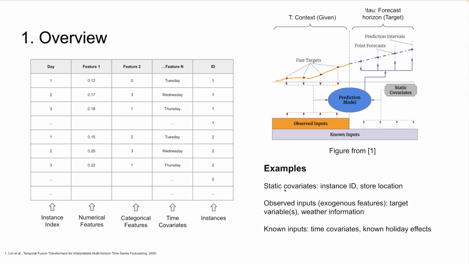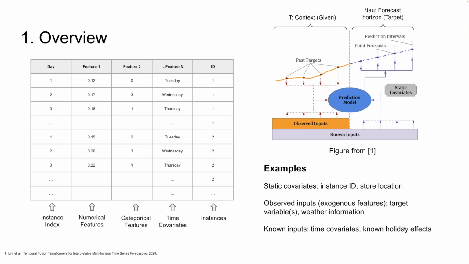There are also some static variables. In this case, the instance ID will definitely be a static variable. Static means that it doesn't change over time. But observed inputs and known inputs are both time dependent. A good example of a known input is the time covariates, like day of the week or some known holiday effects.